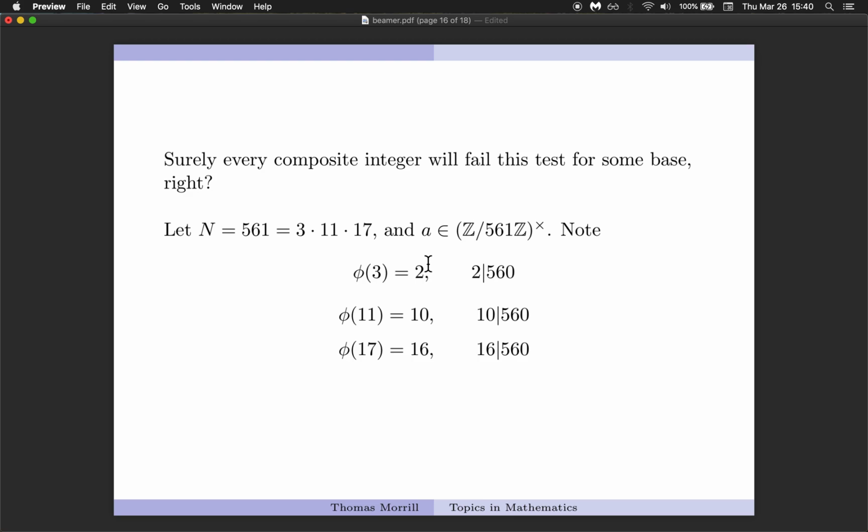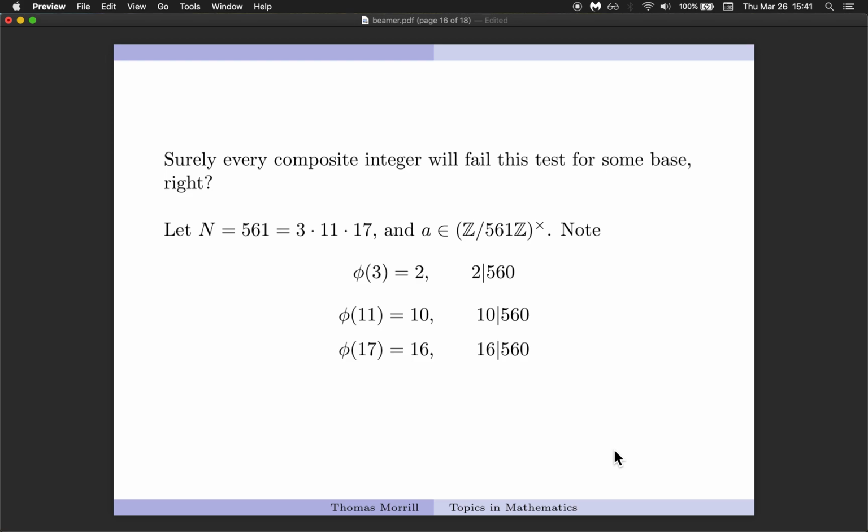There's only 2 of those. And 2 divides into 560. I can do the same thing with 11. The Euler phi function of 11 is 10, and 10 divides into 560. Phi of 17 is 16, and 16 divides into 560. 560 is, in fact, 16 times 35.